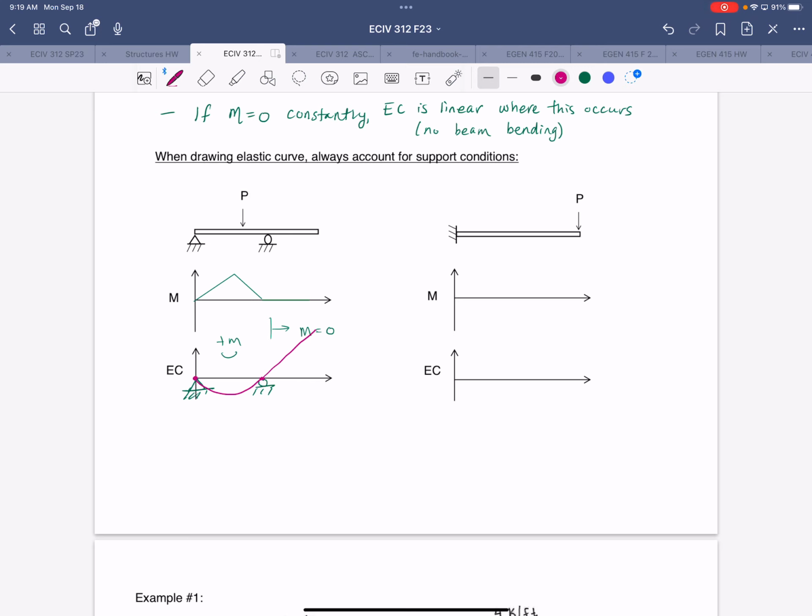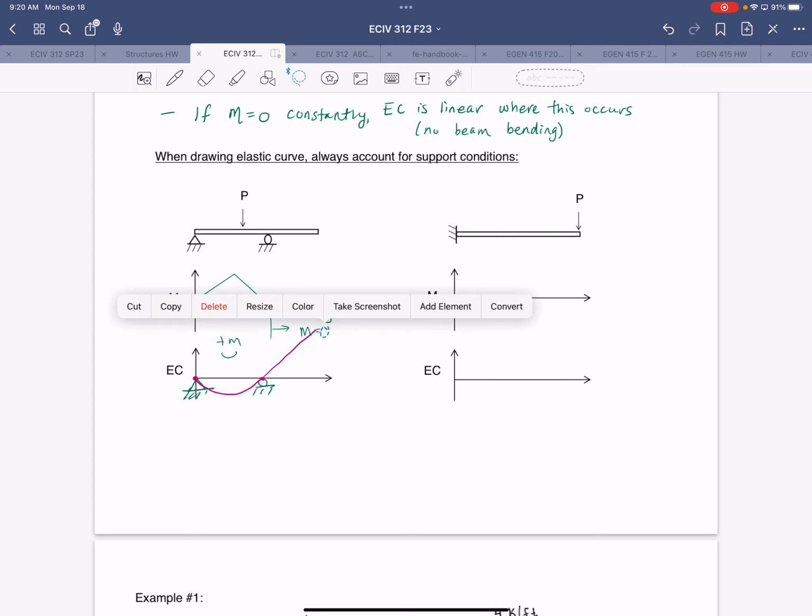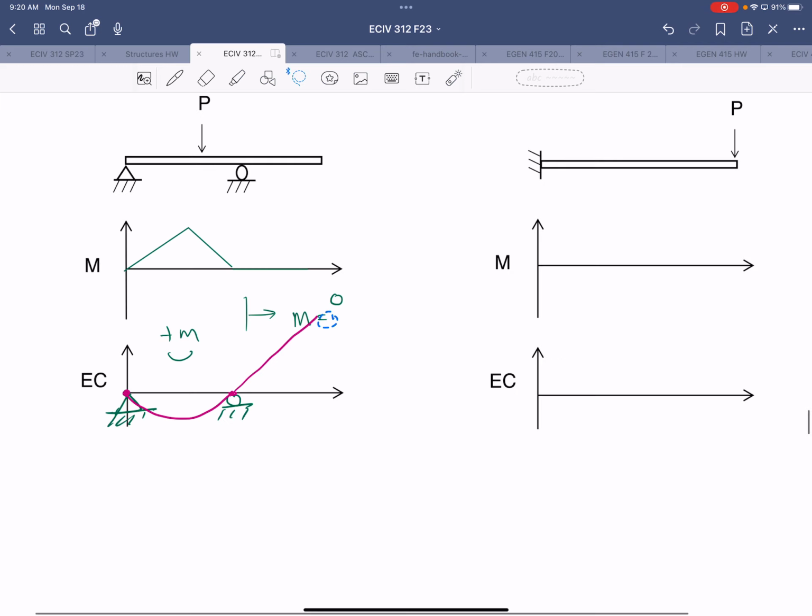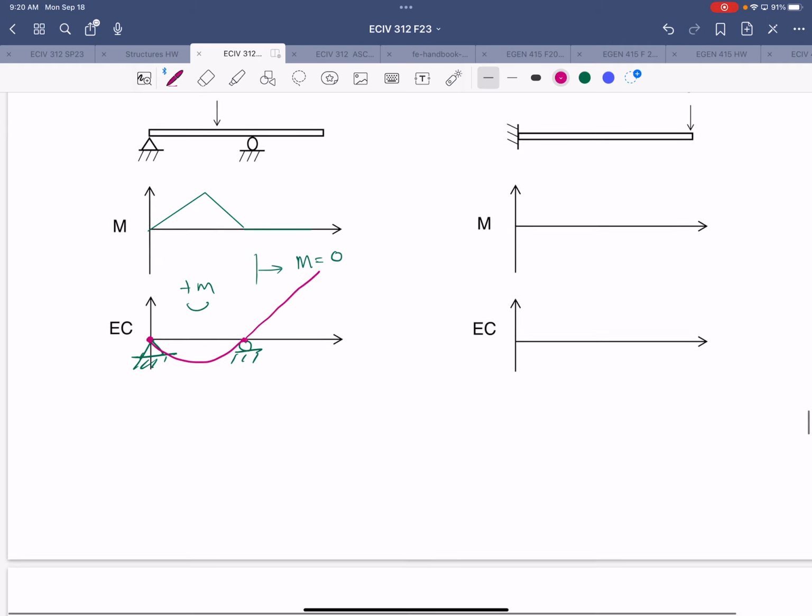All right, something like that there. These, of course, are very exaggerated deflected shapes.